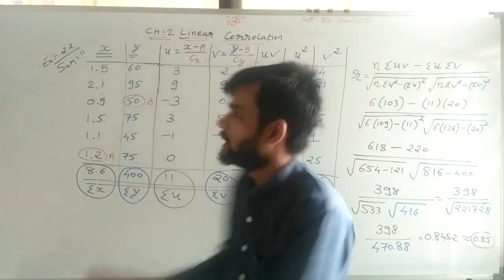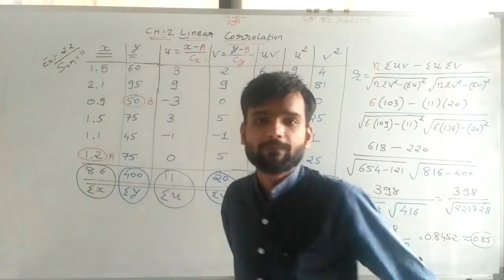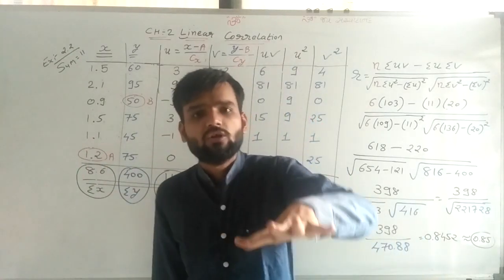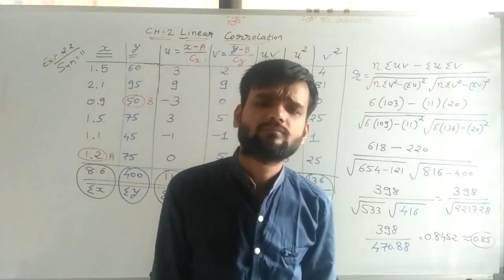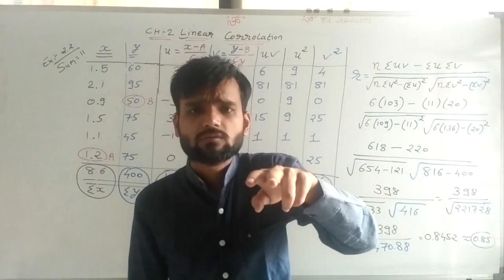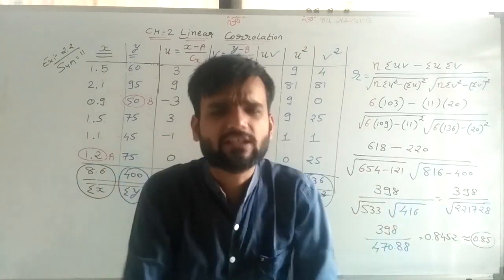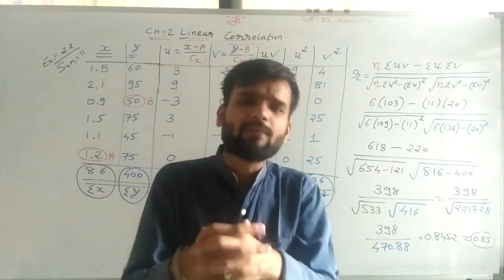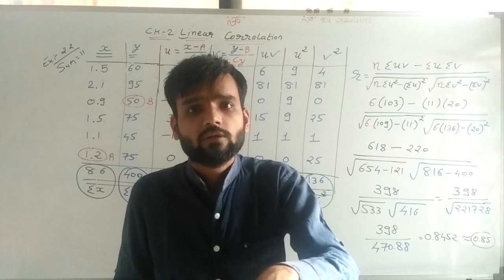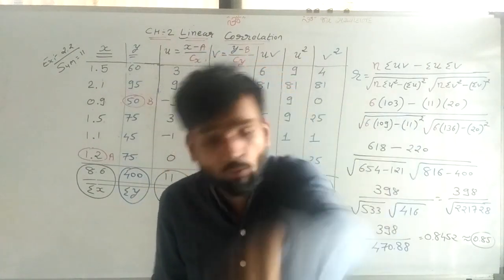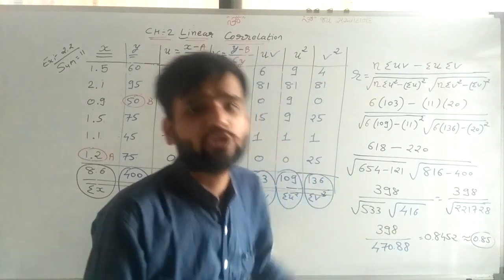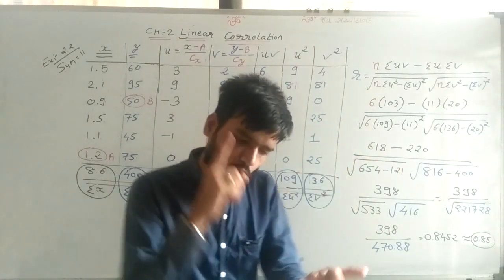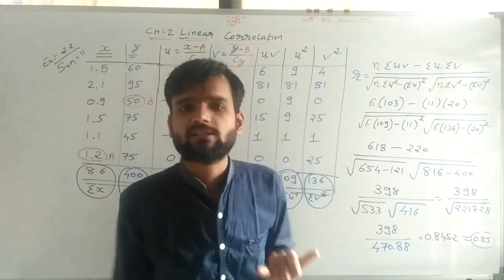So whenever the values of x and y are very small values, of which you can do the square easily, you can multiply both values easily. If such small values are given in x and y, at that time you can use the second formula, because its square is easy, its multiplication is easy.